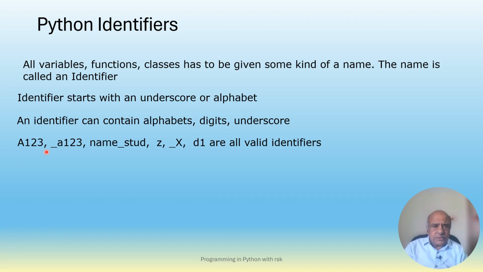Now these identifier names, A123, _A123, name_stud, Z_X, D1 are all valid identifiers because they are either starting with an alphabet or starting with an underscore. Now these are all invalid names: 123A, 1_name, because they are starting with a digit, which is not allowed by the Python compiler.